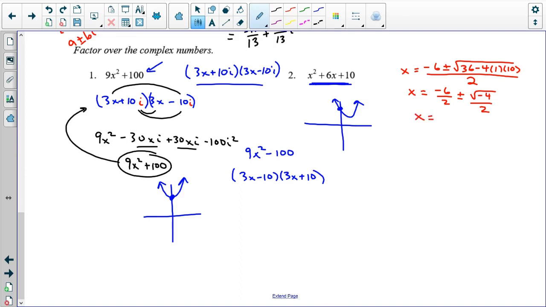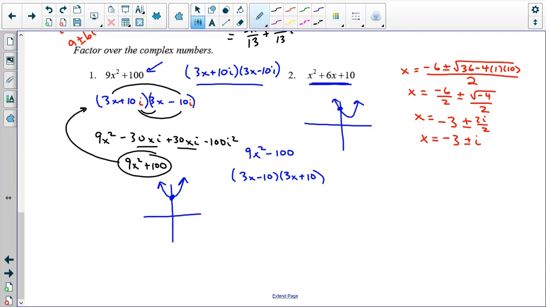And then I can rewrite this as negative 3 plus or minus the square root of negative 4, which is 2i, over 2. So my final roots of this equation would be at negative 3 plus or minus i.